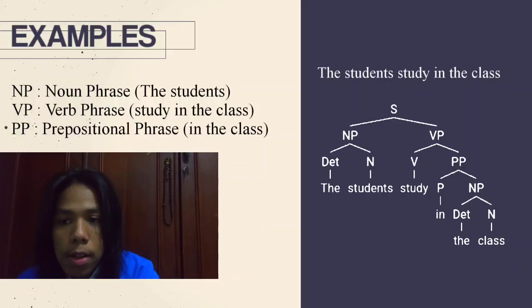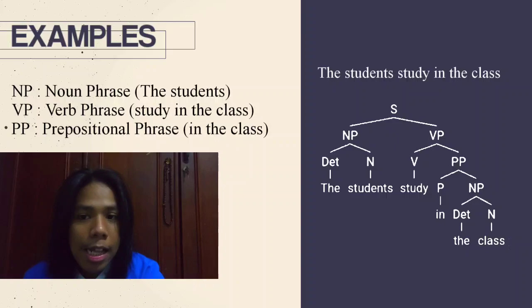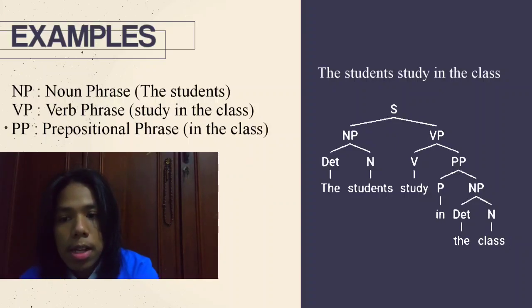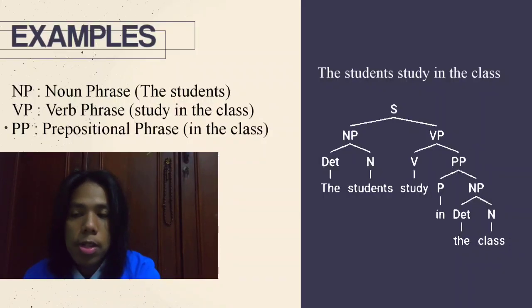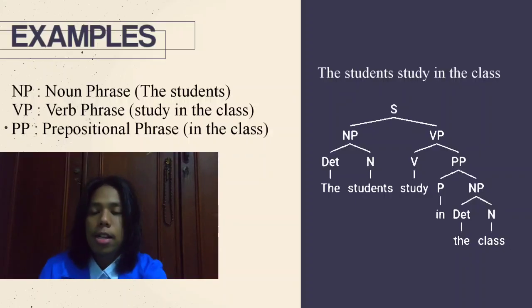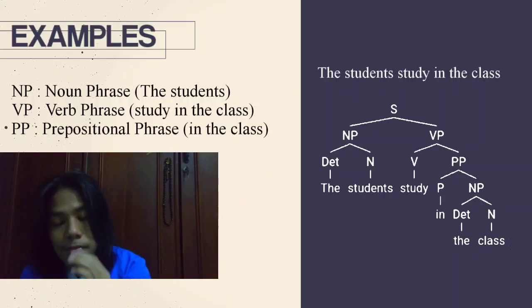In the prepositional phrase we have the preposition "in" and a noun phrase, and the noun phrase "the class" consists of the determiner "the" and the noun "class," so it creates "in the class." So the full sentence is "The students study in the class," and this is the tree diagram.